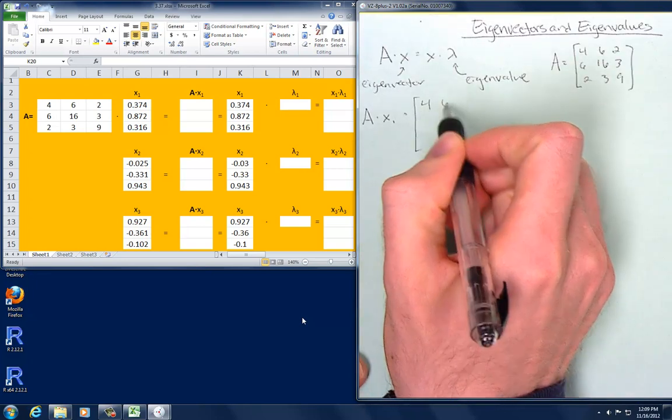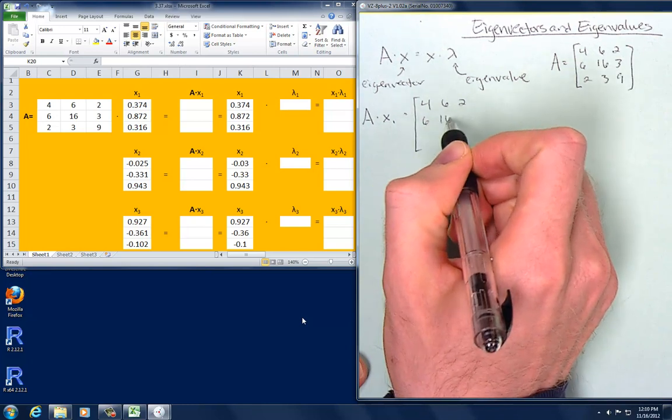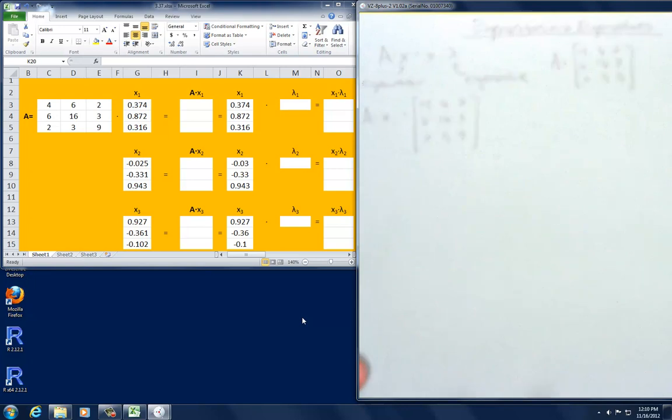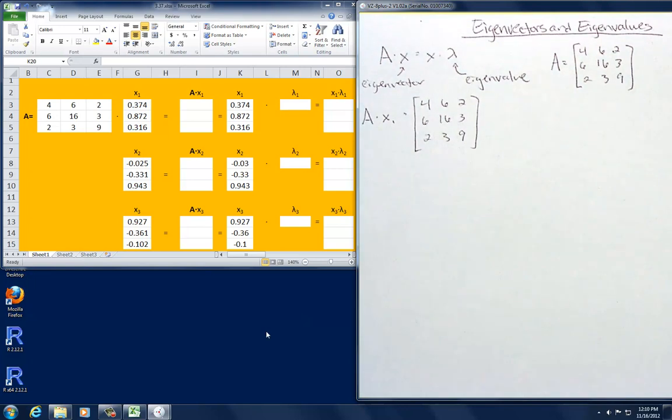So 4, 6, 2, 6, 16, 3, 2, 3, 9. And we'll give x1 the property that we just described. When A is post-multiplied by x sub 1, the resultant vector is going to be equal to the x sub 1 vector multiplied by a constant.